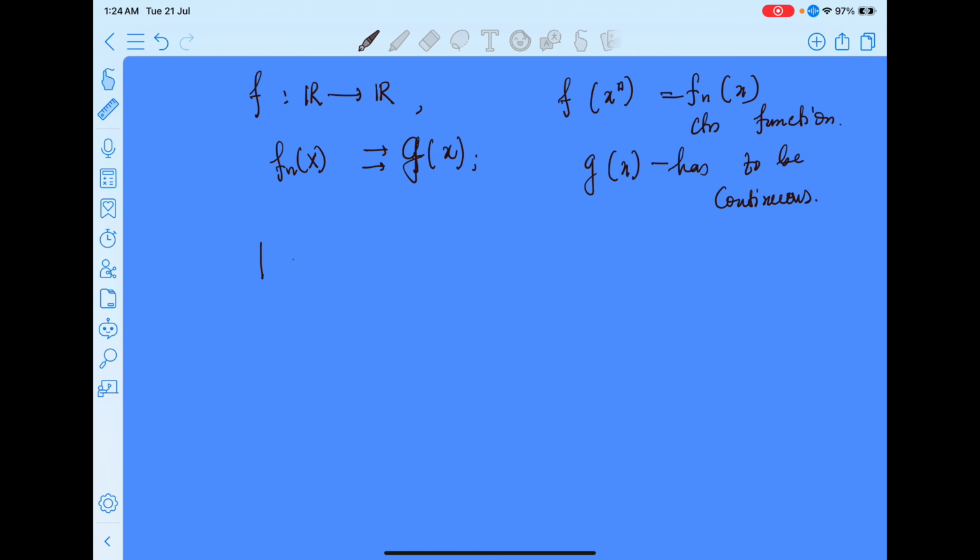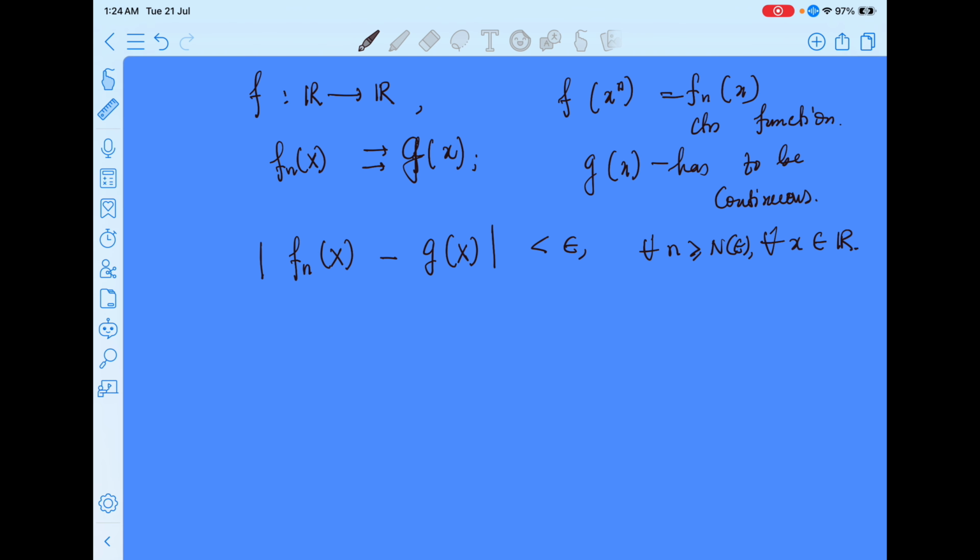So that means |fn(x) - g(x)| is less than epsilon for all n greater than or equal to N epsilon, and for all x inside R. This is the definition of uniform convergence, right?